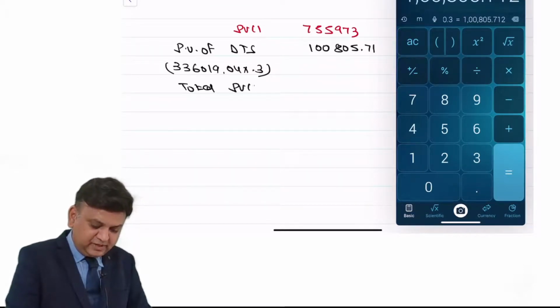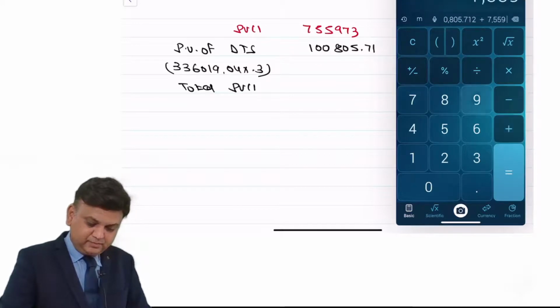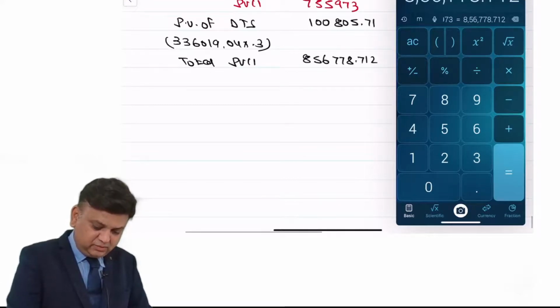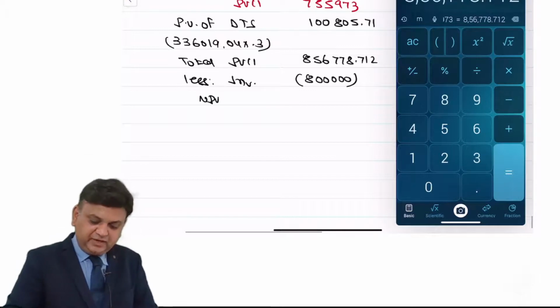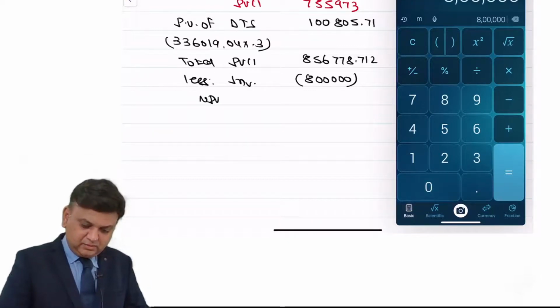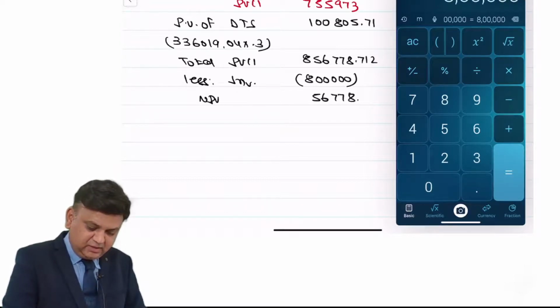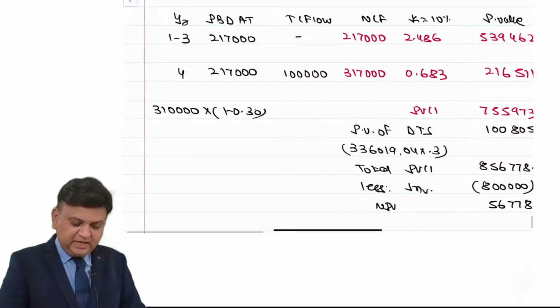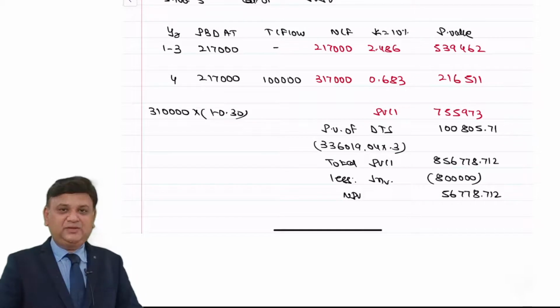So total present value of the cash inflow is 8,56,778.712. Less investment of 8 lakhs, that will give NPV. Amount of NPV will be 56,778.712. That is the way NPV for the replacement can be calculated.